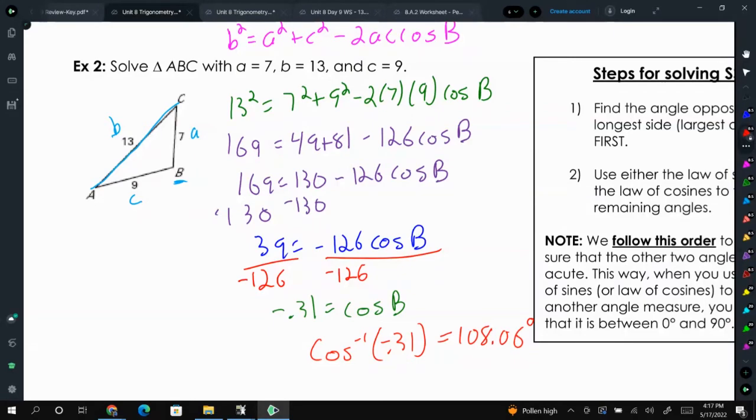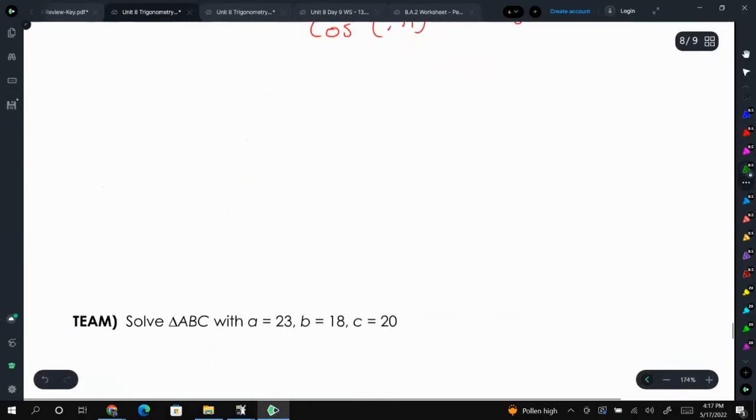Now I want to use the law of sines. And when I use the law of sines, I need to find angle A first because that's the angle that's opposite the shortest side.